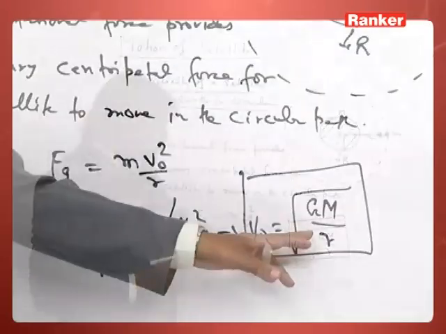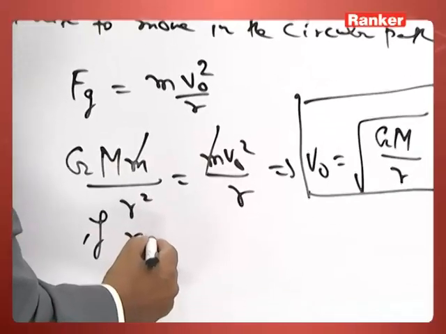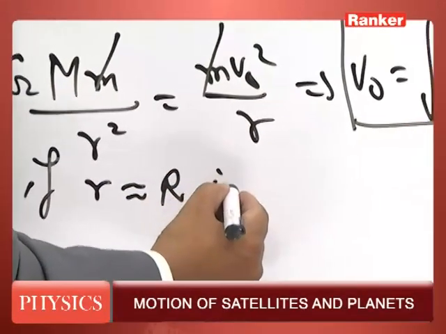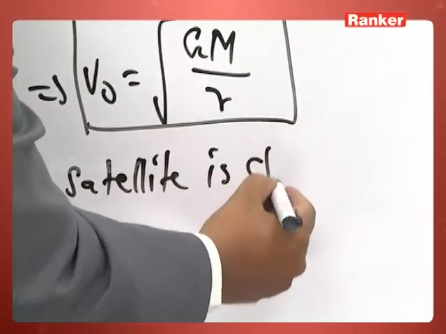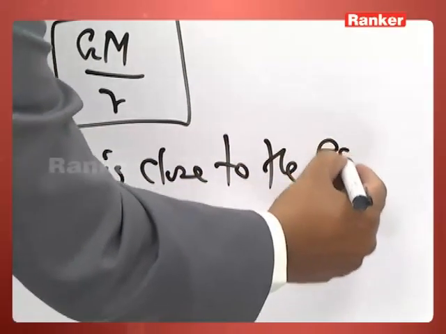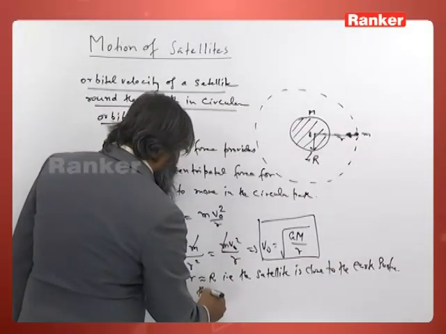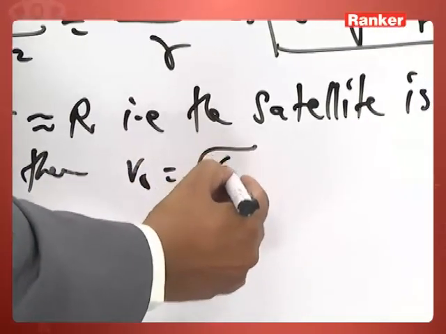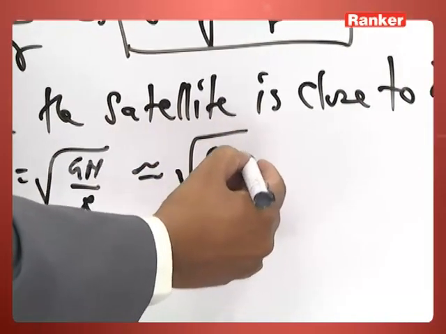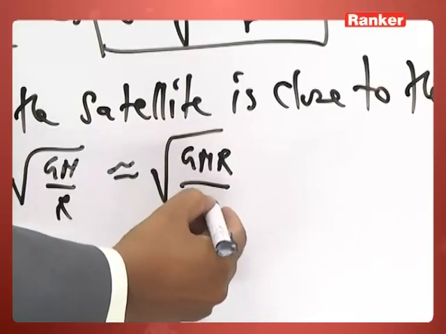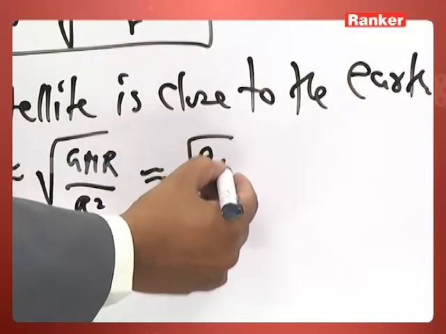Now, if r is nearly equal to R, i.e. the satellite is close to the earth surface, then we have v naught equal to root over G M by R, which can be written as G M by R square times R, that is root over g R, where g is the acceleration due to gravity.